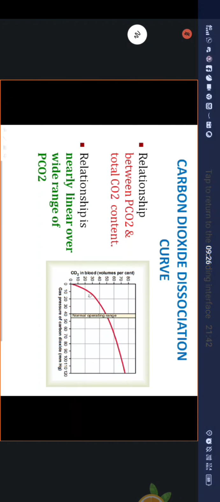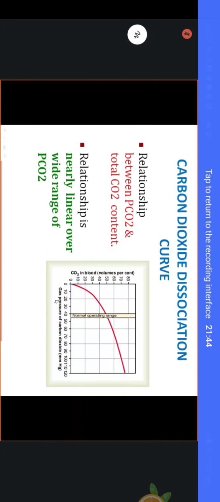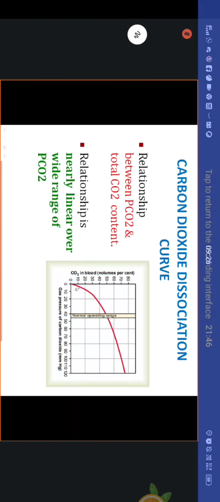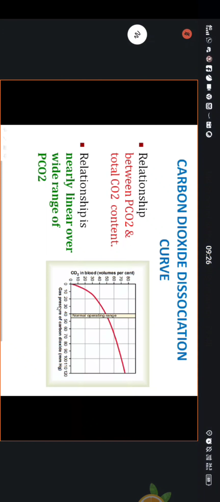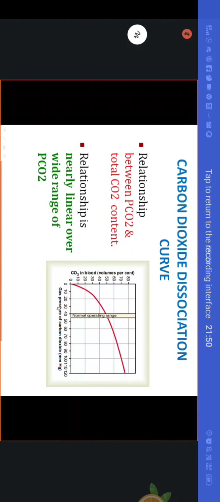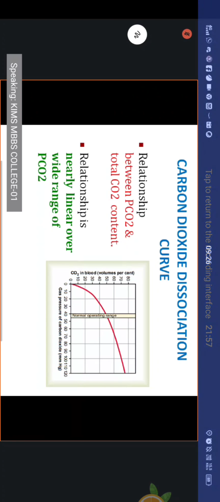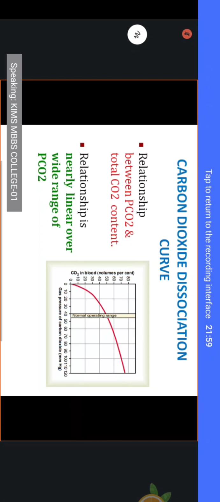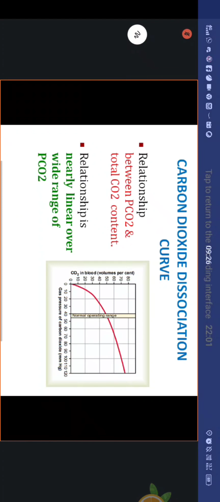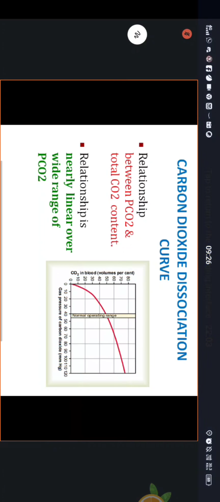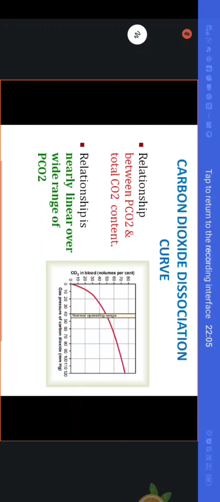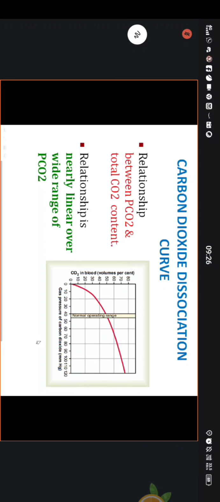Whereas the oxygen dissociation curve is sigmoid in shape because the pressures vary widely. There, in some areas there will be 100 mm Hg in alveoli, whereas in tissues usually there will be 40 mm Hg partial pressure of oxygen. So because of this large variation, the graph is represented as a sigmoid shape. Here, it is linear in shape.